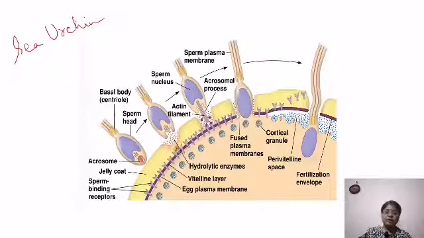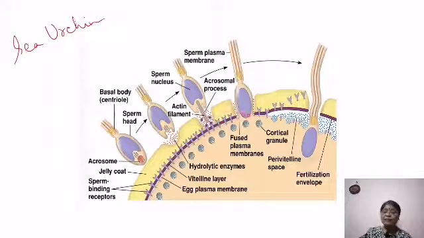They start digesting and form acrosomal processes, that is actin filament, and they release certain proteins that bind the receptors present on the membrane. That opens a gate for the sperm nucleus to move into the egg.